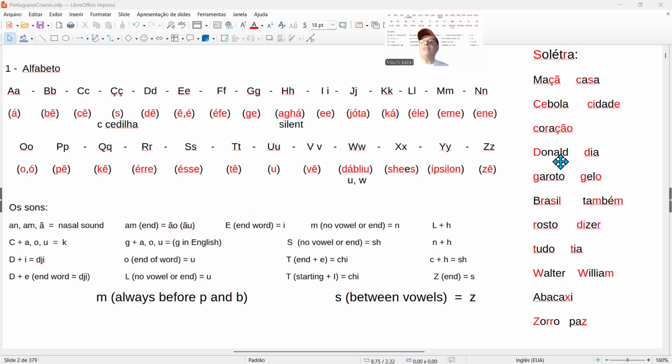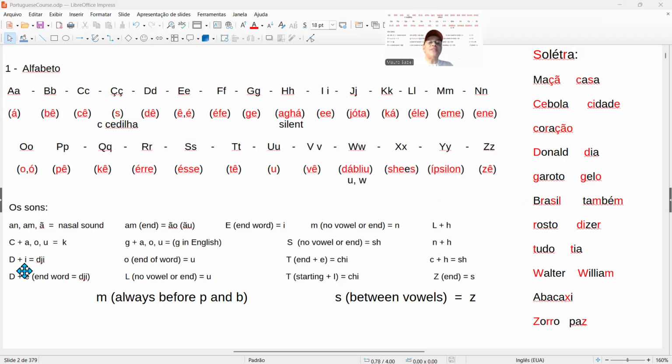Right? L in the middle of the word without a vowel sounds like U. Donald. You don't twist your tongue.